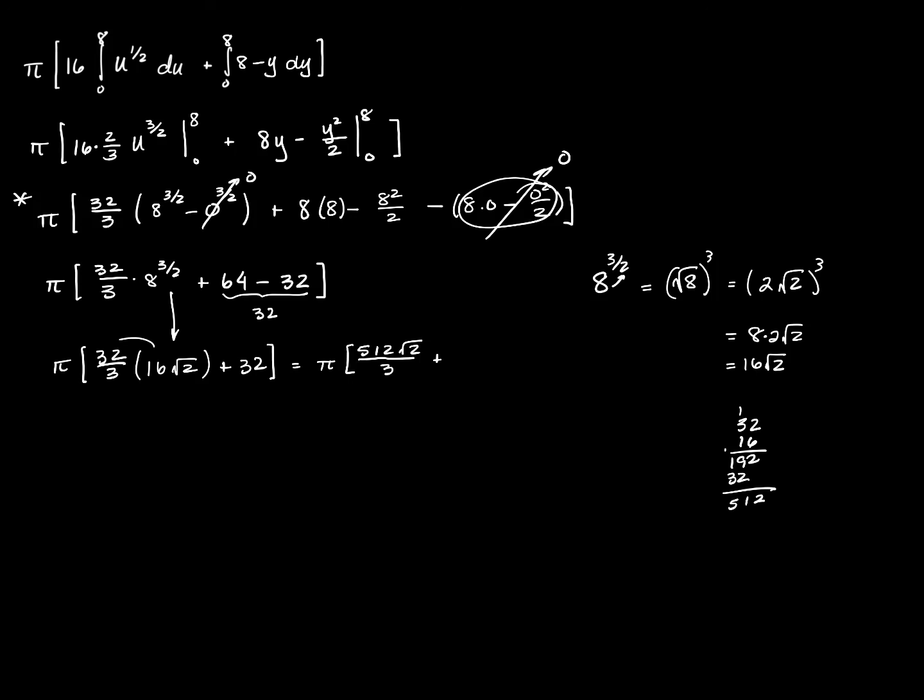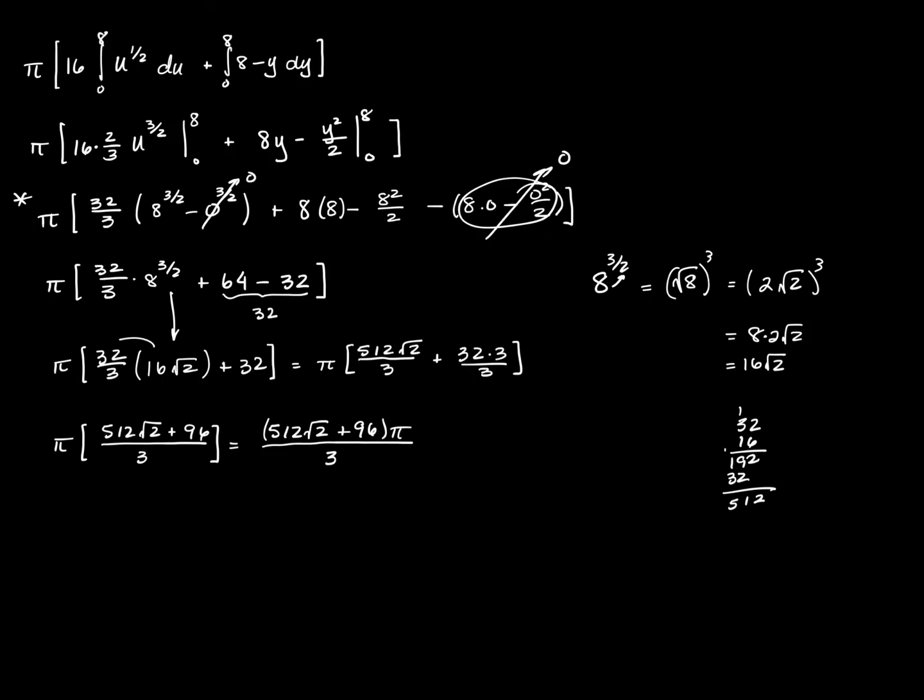Since the first term is over 3, I'm going to write this as 32 times 3 over 3, times 1, so I can find myself a common denominator. That gives me 512 root 2 plus 96, all over 3. And then I could write that also as 512 root 2 plus 96, all times pi, all over 3. And that's the exact value of this.